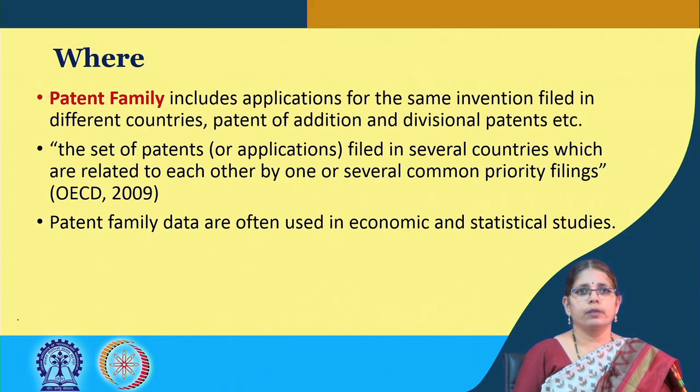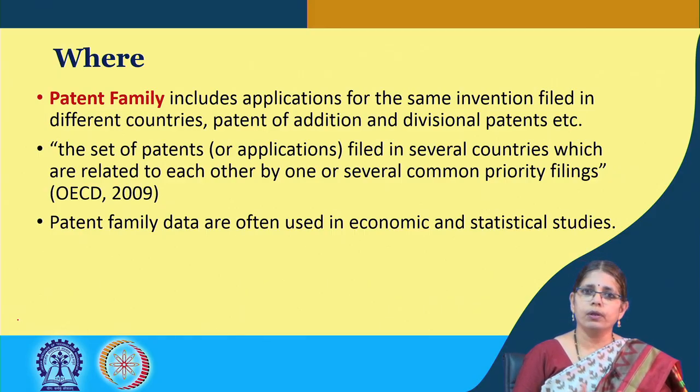The other information that we today get is also what we call the patent family information, and often patent family data is very important to understand the economics of a particular patent. Before we begin to understand what is patent family data, we need to know what is a patent family. Simply put, a patent family means inventions which belong to the same or similar area.